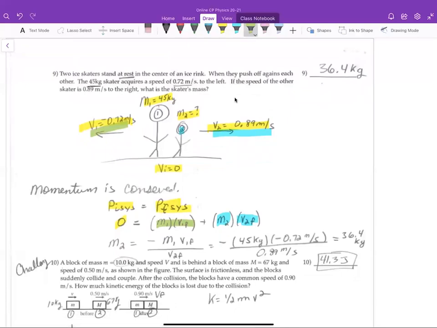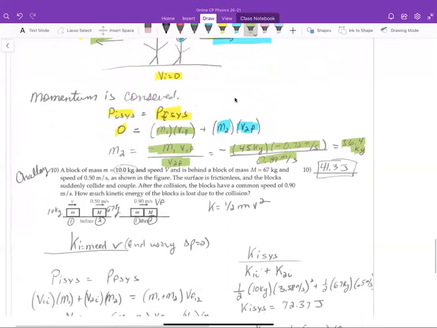I'm going to rearrange that equation by subtracting from both sides of the equation, which I did. Then I have to get rid of velocity 2 final, because I'm solving for mass 2, and then I will plug in my values. And notice I get a positive number, which is great because mass is always positive, of 36.4 kilograms.